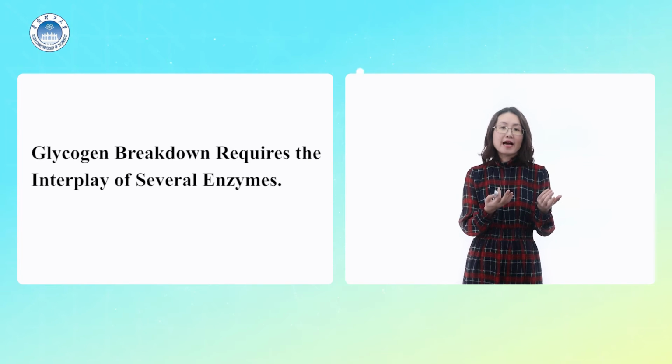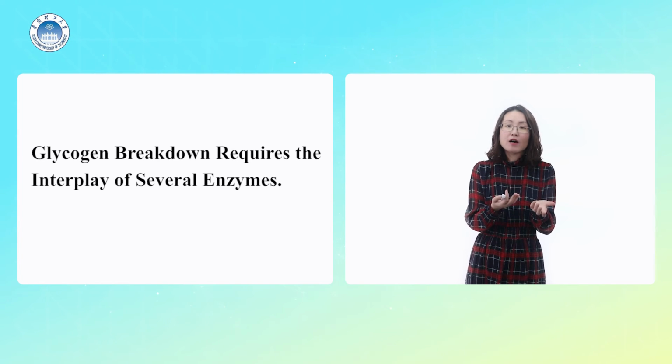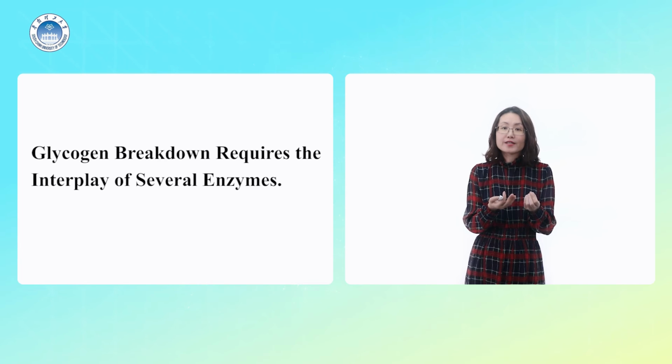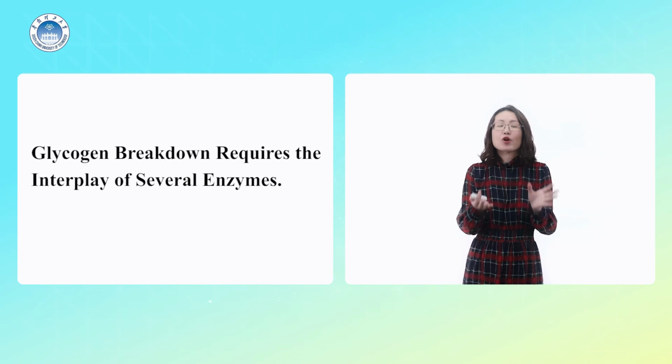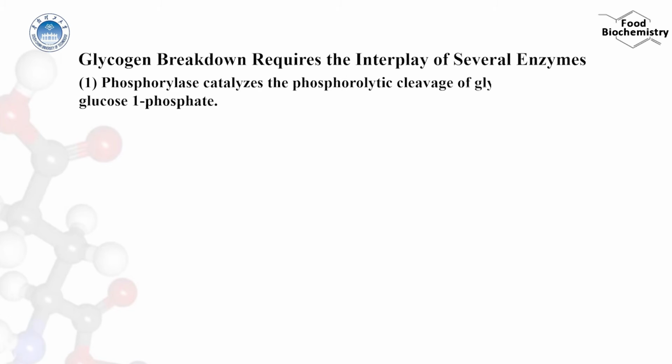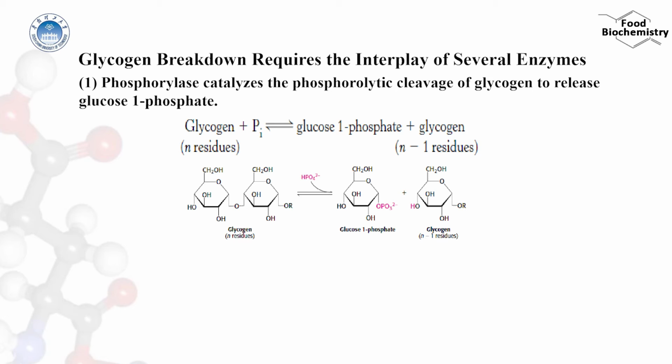So let's take a look at glycogen breakdown, which requires the interplay of several enzymes. Phosphorylase catalyzes the phosphorolytic cleavage of glycogen to release glucose 1-phosphate.